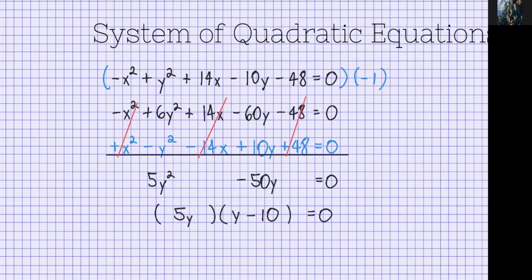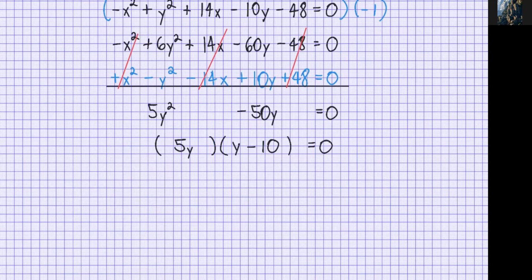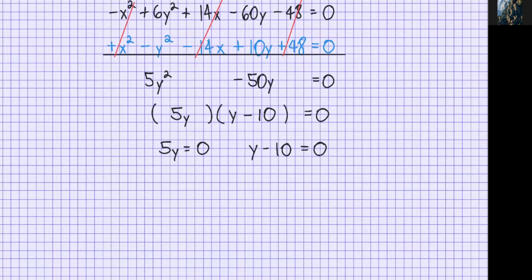Now that I have my 2 terms, I can write them as 5y equals 0 and y minus 10 equals 0. So the only possible solution is that in here y equals 0 and in here y equals 10.